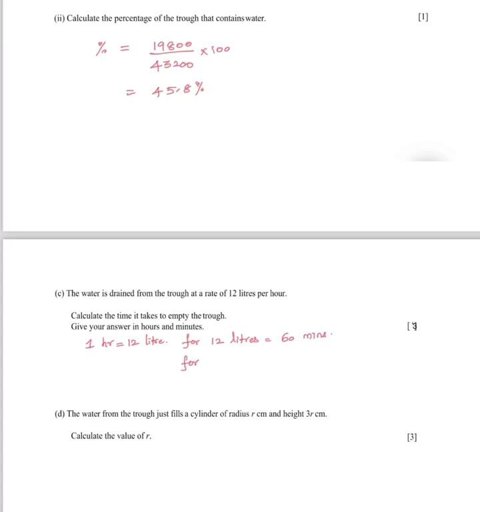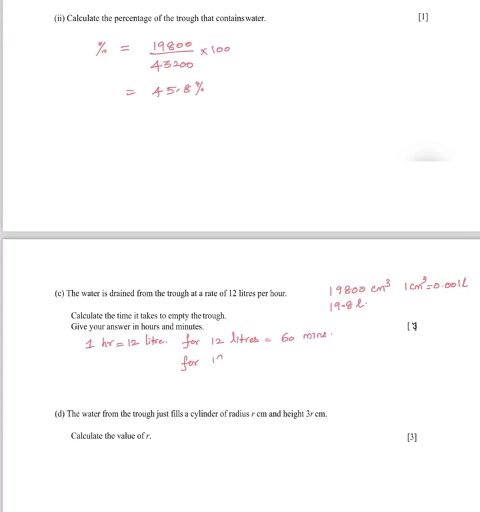So let's take this 19,800 centimeter cube. This has to be first mentioned in liters. So converting this to liters, this is 19.8 liters. The conversion is 1 centimeter cube is equal to 0.001 liter.